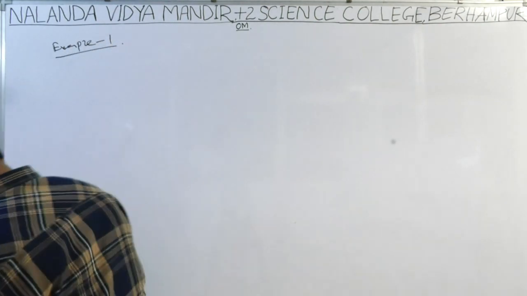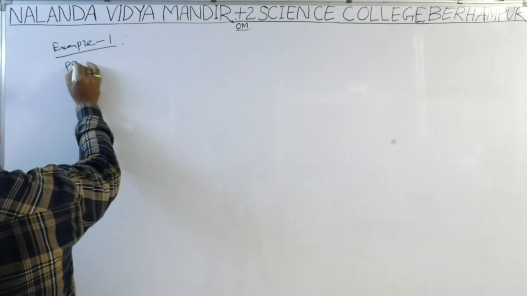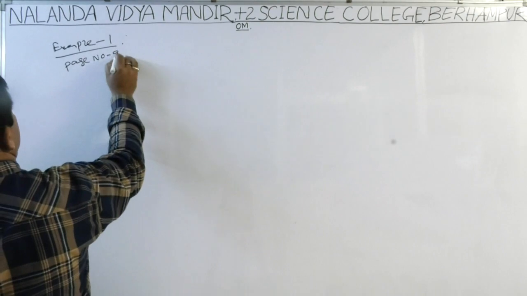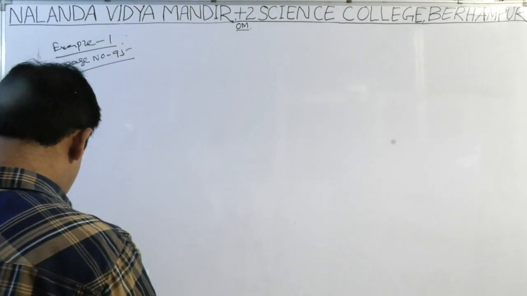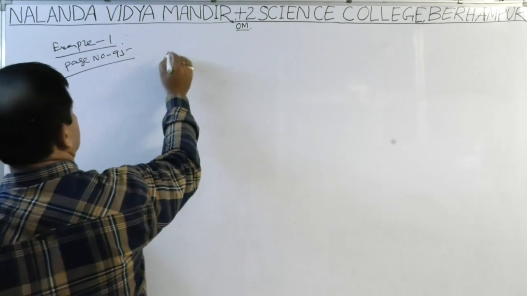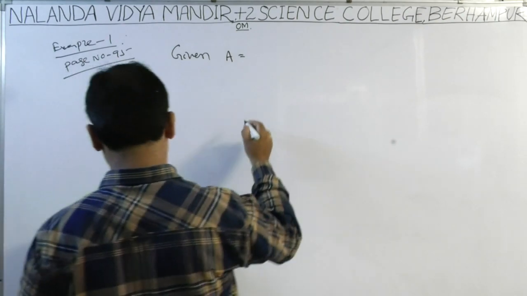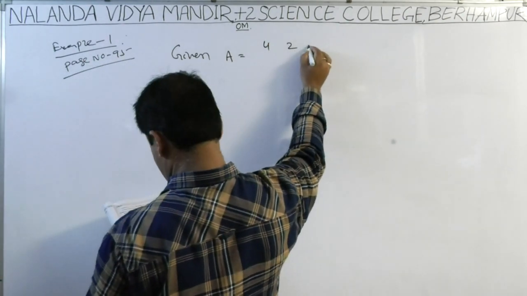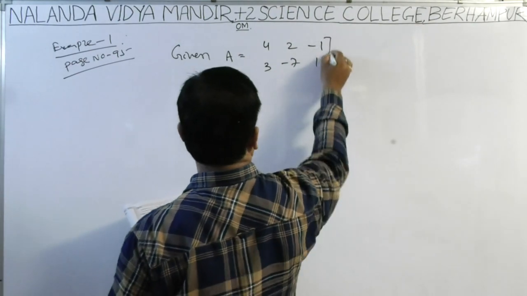in your textbook, that is page number 95. Given two matrices, A is the matrix 4, 2, minus 1, 3, minus 7, 1.